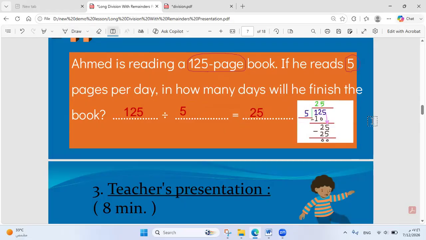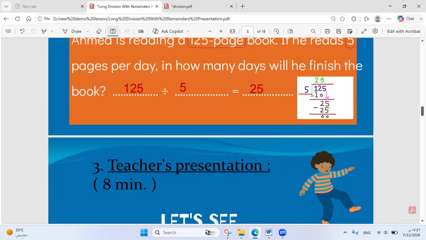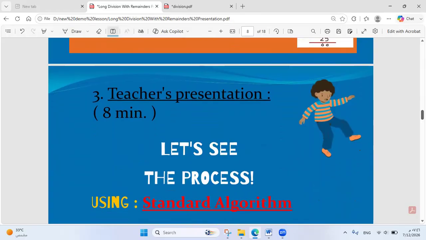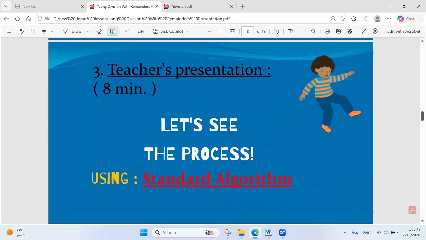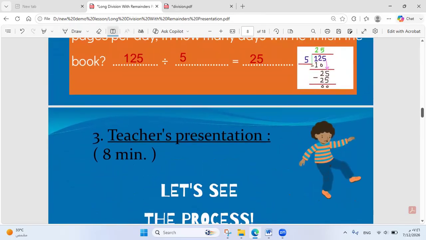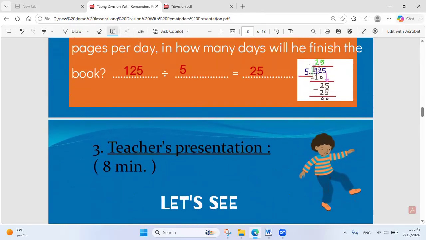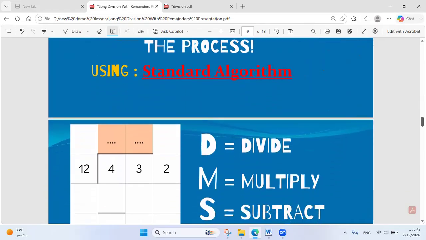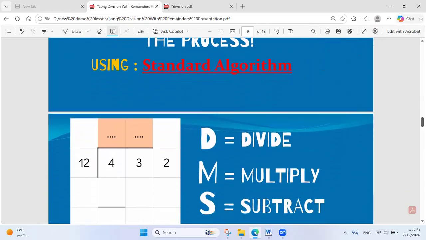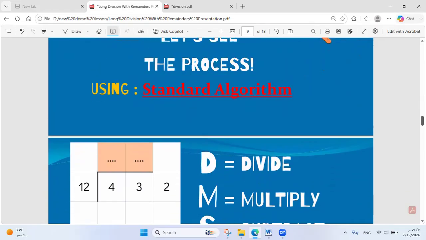Okay, let's see another thing here. Now we will start our lesson today. Remember, in this we divide a 3-digit number by a 1-digit number. Let's start our lesson about using standard algorithms to divide 3-digit numbers by 2-digit numbers.